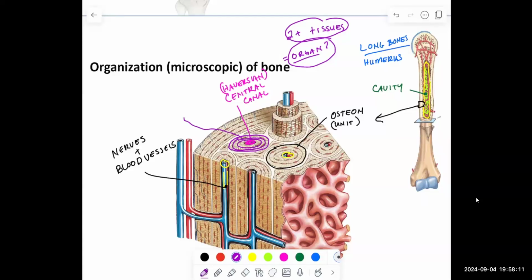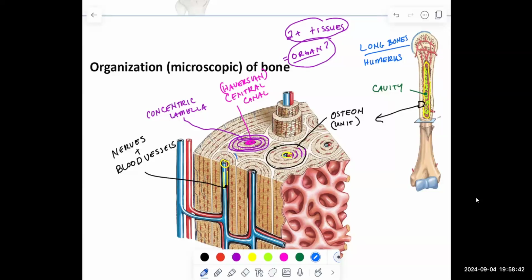When they make these circles, they're called concentric lamella. They are layers that are in circles. They will make up an osteon. Do you see how this osteon right here has one layer, two layers, three layers of bone? So the osteon is made up of concentric lamella.